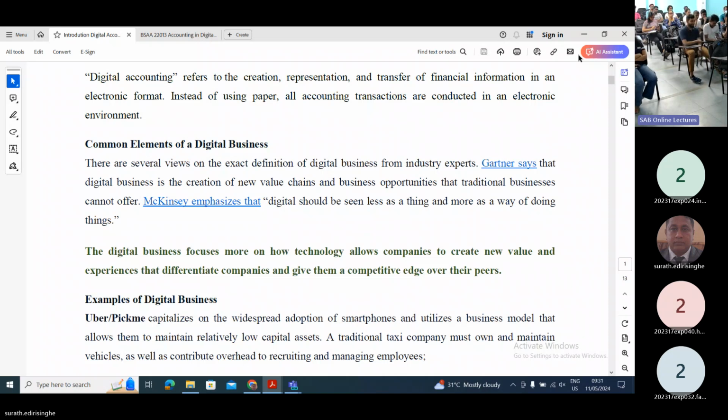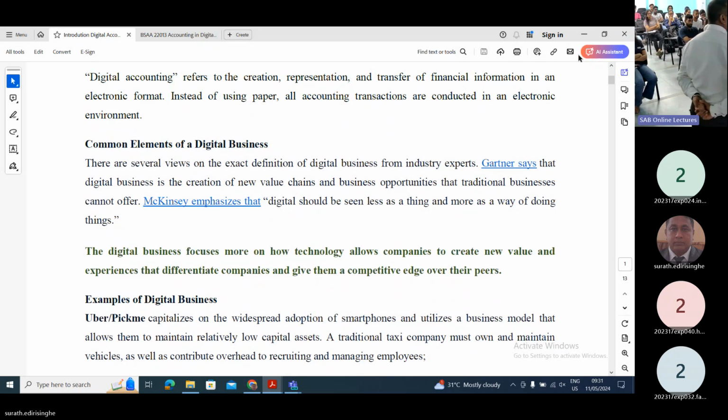Right. Next, what are the common elements, common features of digital business? Now take two points from the internet. The elements of digital business are explained by two different authors.